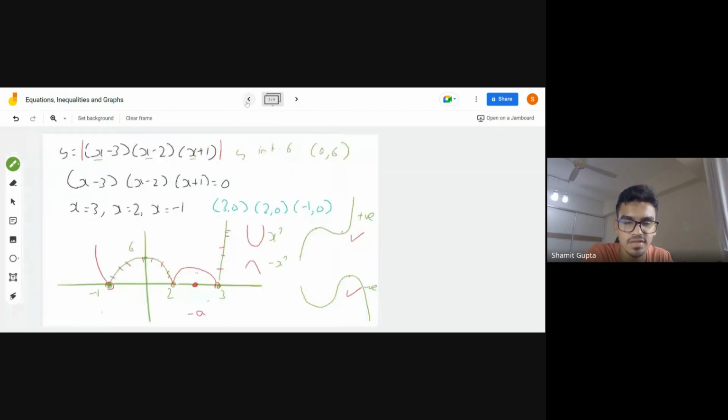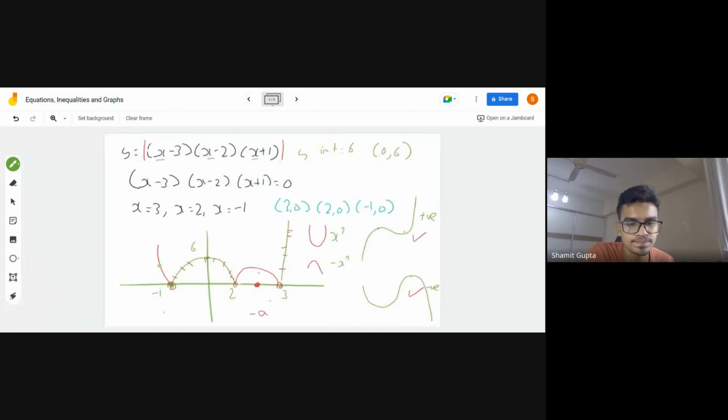Anywhere else, does it have 3 solutions? Over here, it always has more than 3 solutions. If it's like this, it has 6 solutions. If it's something like this, you'll have 5 solutions. If it's at the highest point here, then it will be only 1 here.